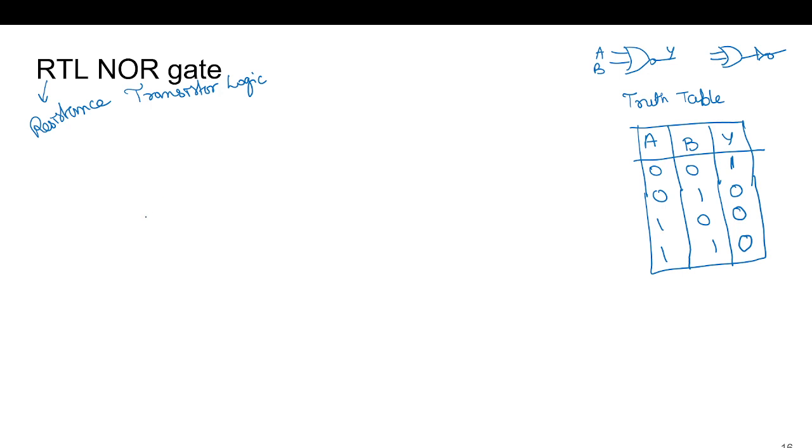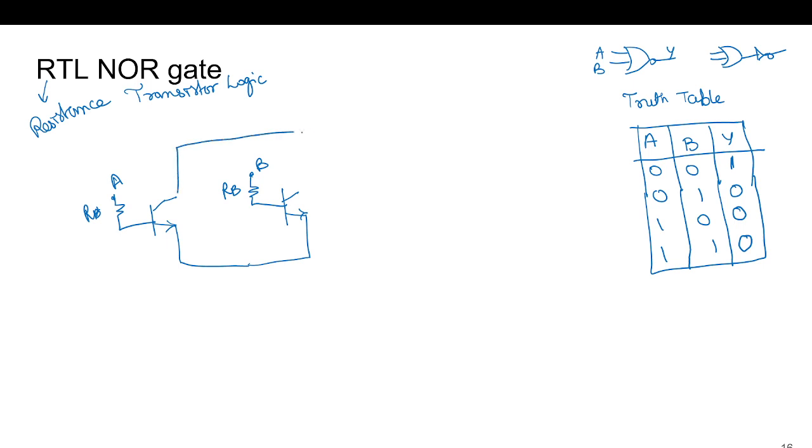So if we connect two BJTs in this way, this connects to this RB, we apply one input, and this is RB for another input, and for the pull up, we apply a resistor.